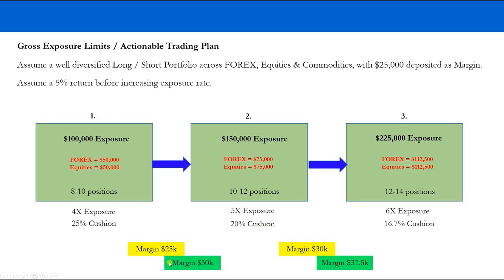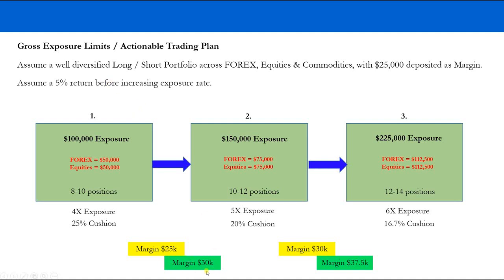And then we're increasing our margin from $25,000 to $30,000 because we've made $5,000. So the margin in your trading account gets credited as you're making money. And this happens at the end of every day. Your margin balance is either credited or debited depending on whether you make or lose money.